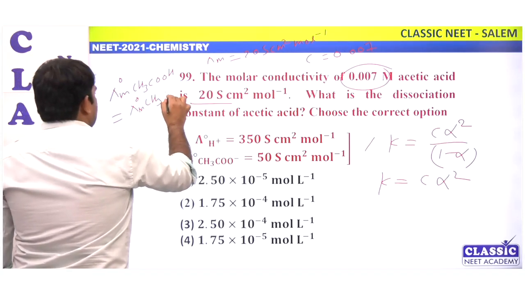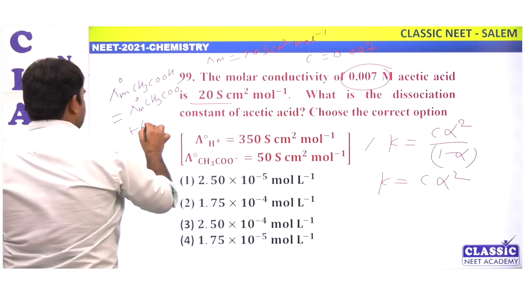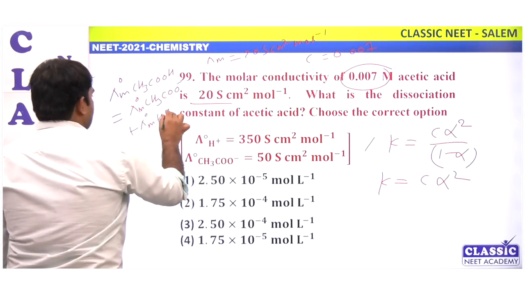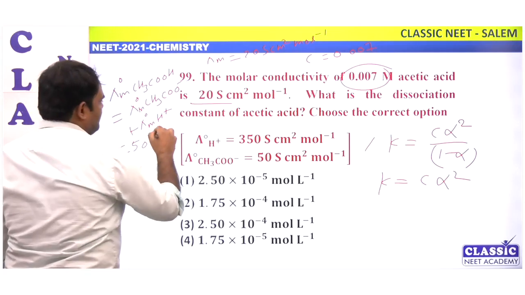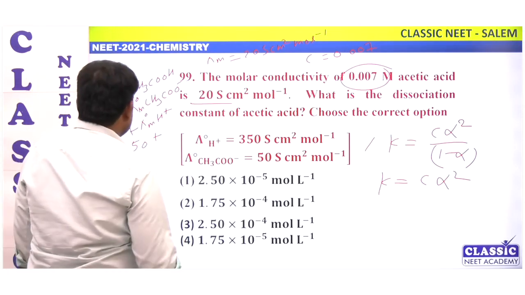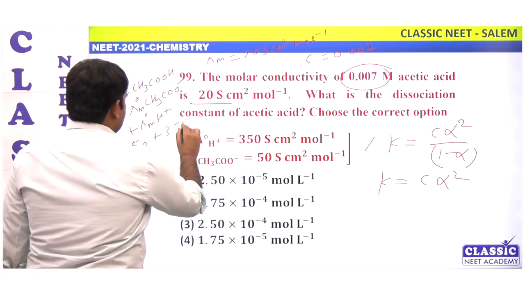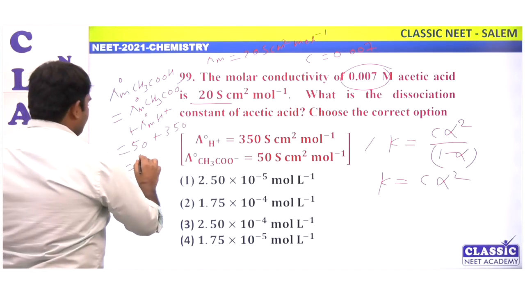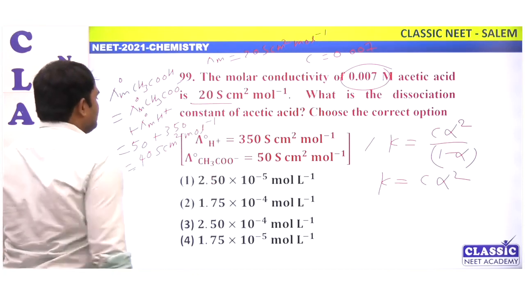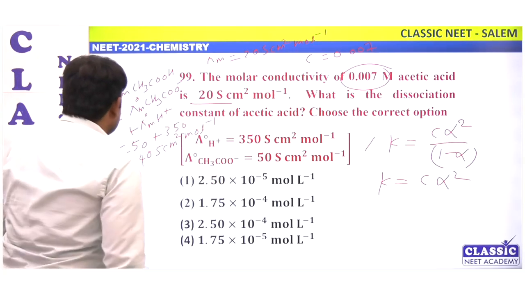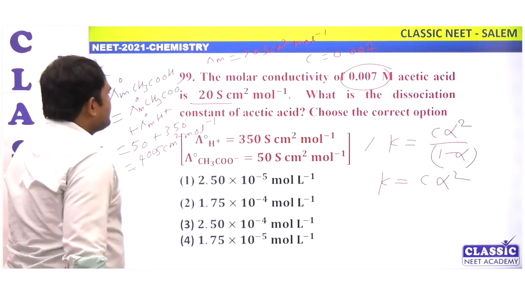So acetate ion plus hydrogen ion. For the acetate ion, 50 is given, and for this one, 350 is given here. So in total you can write 400 Siemens centimeter square mole inverse.